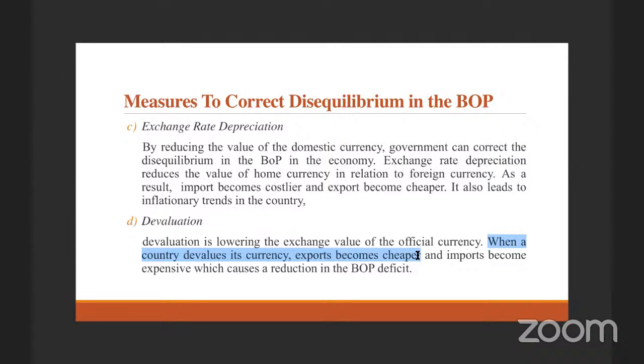So when the price comes down for him, he is encouraged to buy more. He will think of shifting his food habit and then think of buying rice. When people start buying, our exports will be increasing.